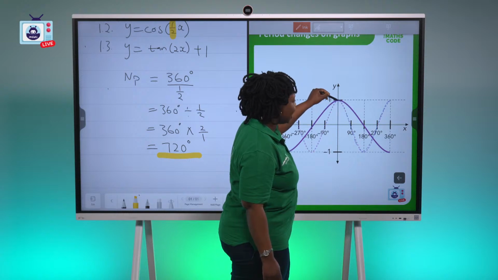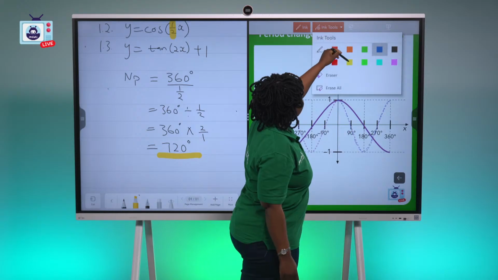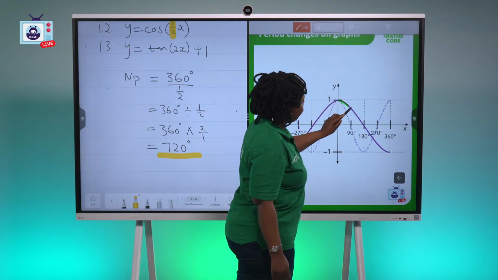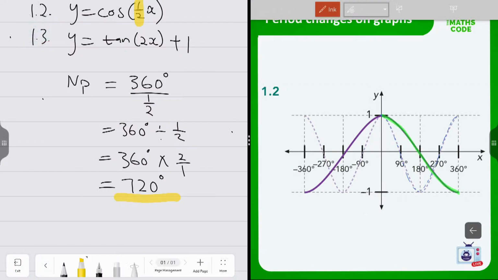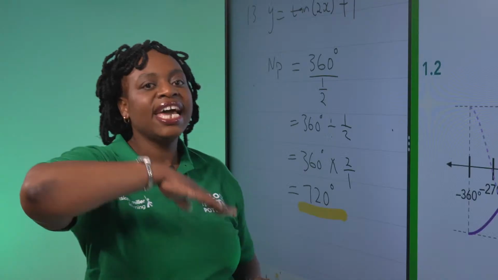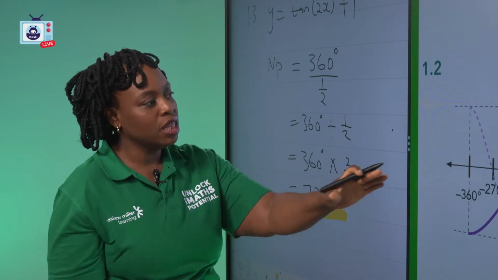Then I had one graph fully like that. But if you look at what I'm having here, it's actually just a part of it. It's not my full graph. That is what I'm getting between 0 and 360. So for me to get it fully, I must have another 360, and another 360, and another 360 to get a full graph as I would have in this format.